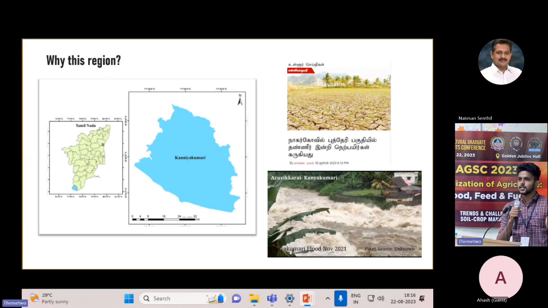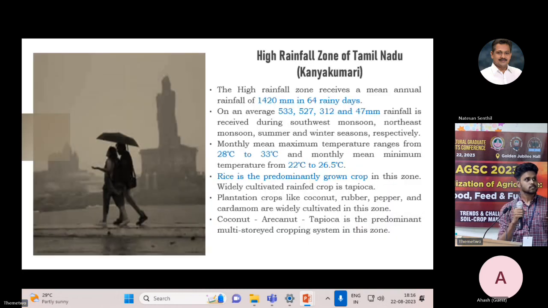In recent times, it shows high rainfall, which leads to flooding, and in some years it gets low rainfall, which leads to drought. Next. The high rainfall zone Kanyakumari normally receives 1420 mm rainfall in 64 days.